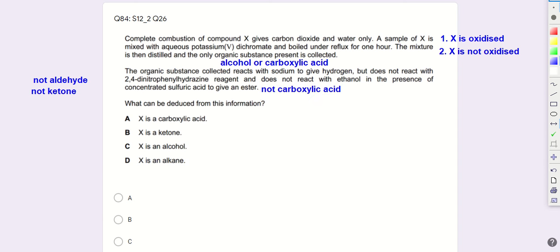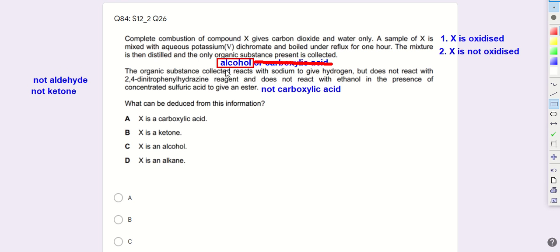So we already know it's not carboxylic acid, and here we say alcohol or carboxylic acid, so I'm going to cross out carboxylic acid. Now we know that this alcohol is actually the organic substance collected.